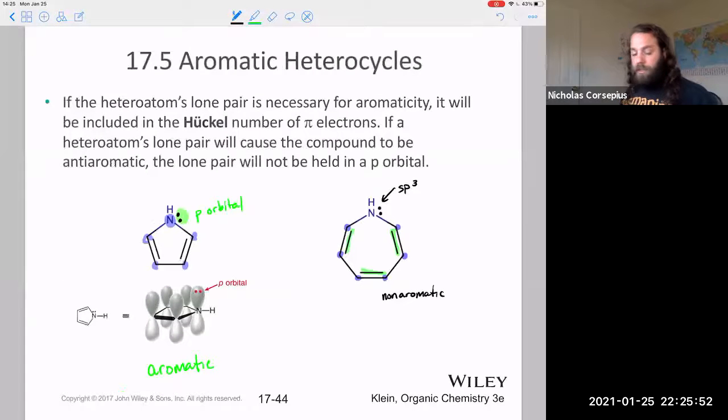So just like a lone pair, if necessary for aromaticity, will put itself into a p orbital, if putting it in a p orbital would make it anti-aromatic, it's not going to do it. It's going to remain sp3 hybridized so that it can be non-aromatic. Anti-aromatic is bad, non-aromatic is better.